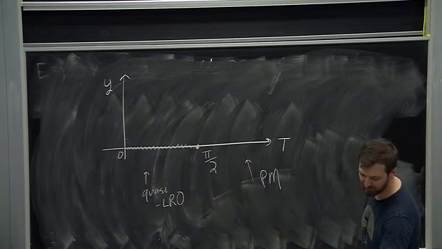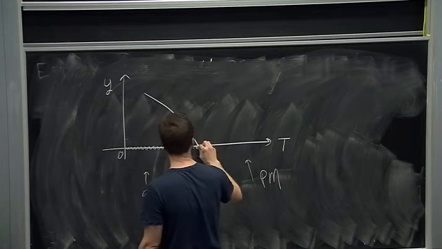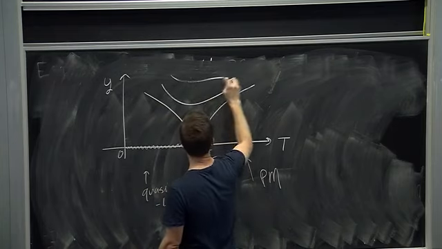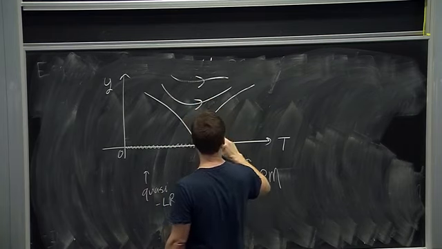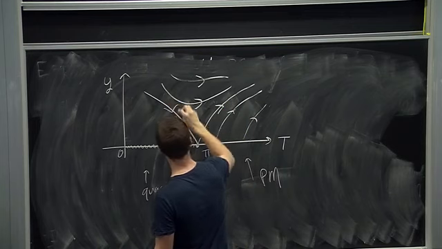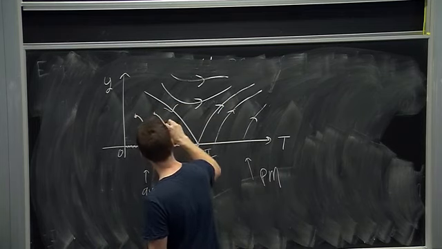And if you solve for all the flows, you'll see a flow diagram that looks like this. So it looks like this, and anywhere here flows into here.